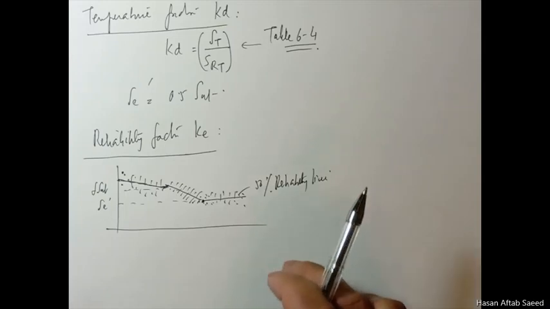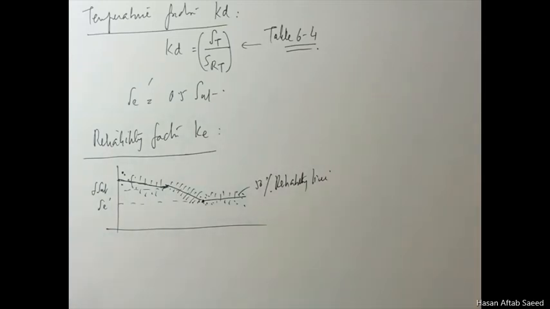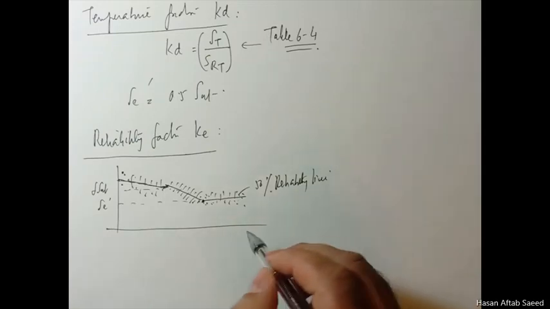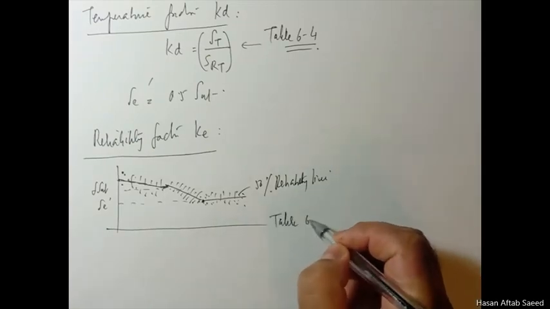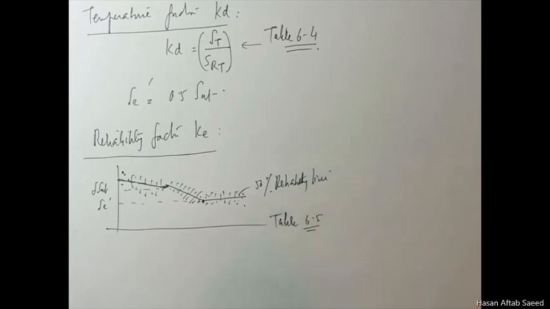So obviously, if our goal is to design something for 50% reliability, we don't need to do anything, because if you look at your table 6.5, you'll see that for a value of 50% reliability, the correction factor is 1.